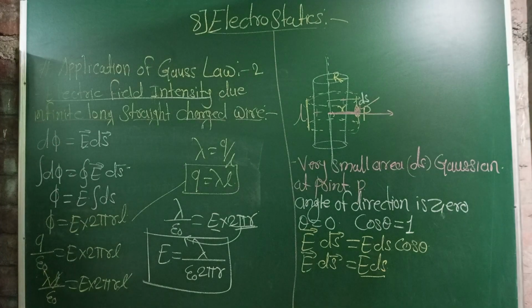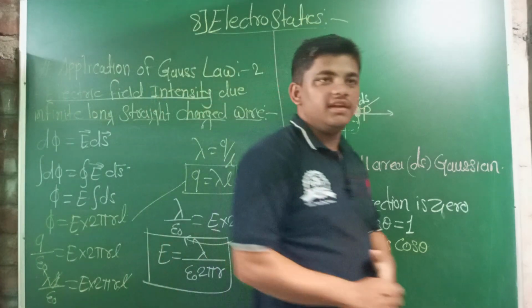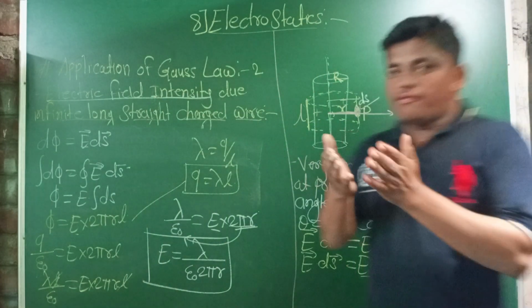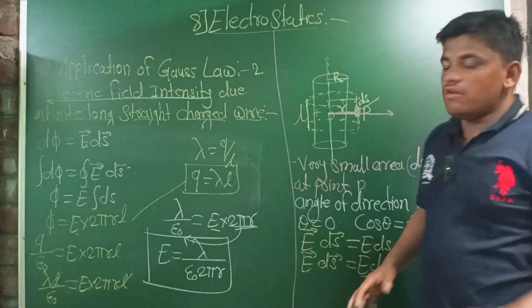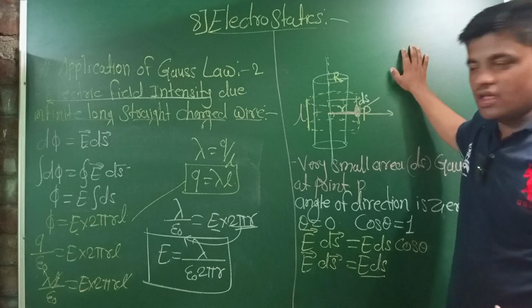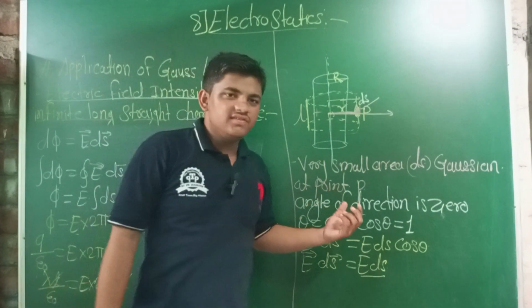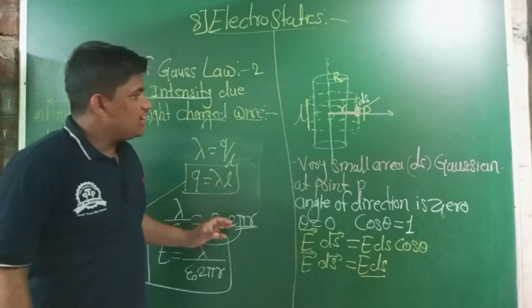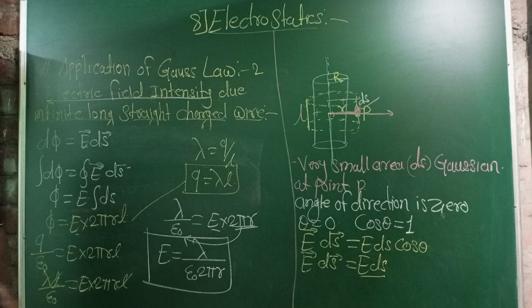Whenever we find the electric field intensity, we consider an infinitely long straight wire which has a uniform distribution of charge, where lambda is the linear charge density of that wire.